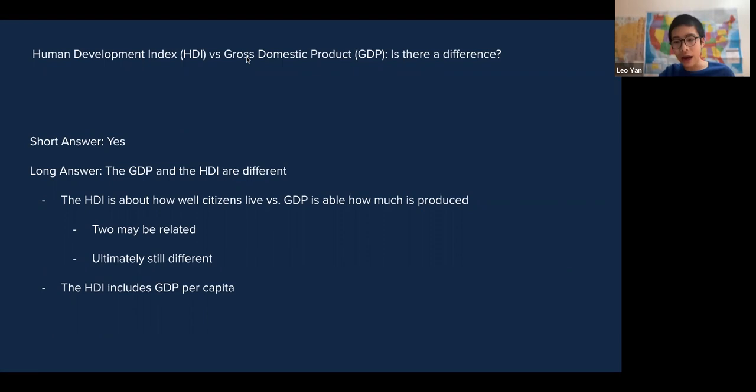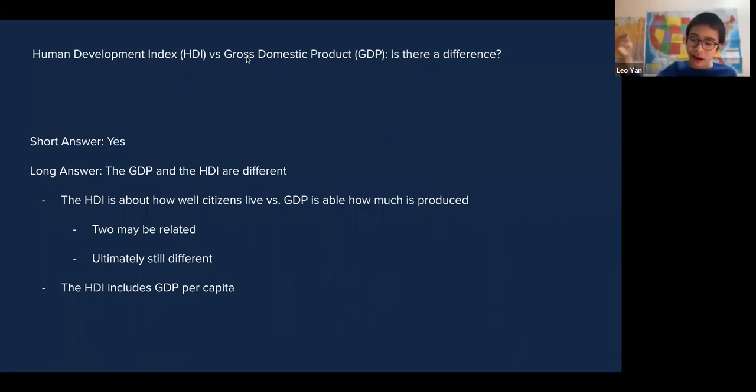The HDI, you can think of it as a more concrete measure of how good your life is compared to the GDP. Because just because you're producing a lot of money, you're producing a lot of value as an economy, it doesn't mean that the average Joe or the average citizen, not to be cliched, is living a good life, right?